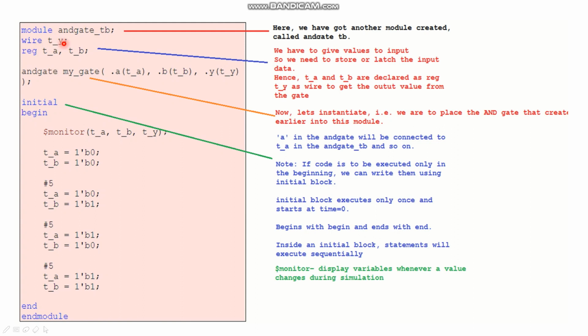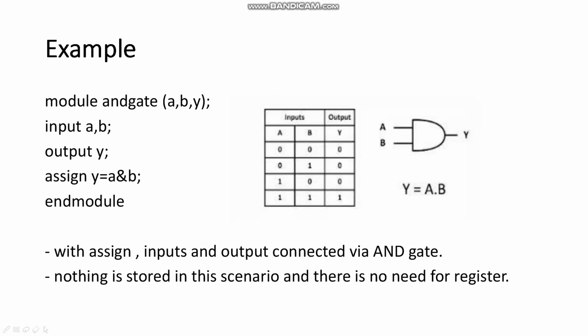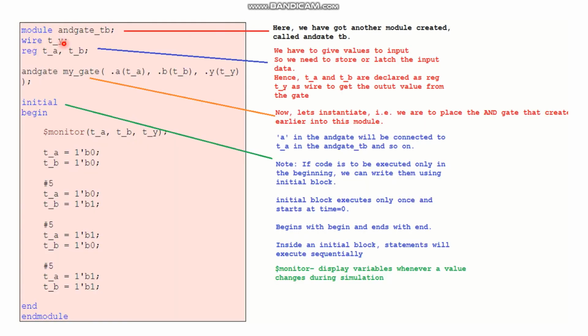After that, I am using the previous module name, that is the AND gate. I am calling the same module, and for this module I am creating an instantiate module, my_gate. The ports I have taken previously, I am calling.